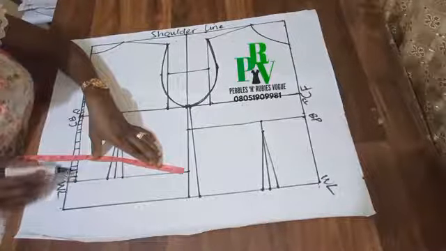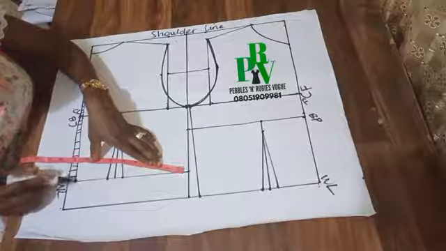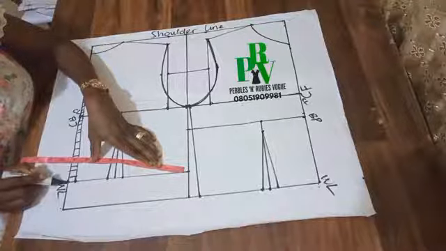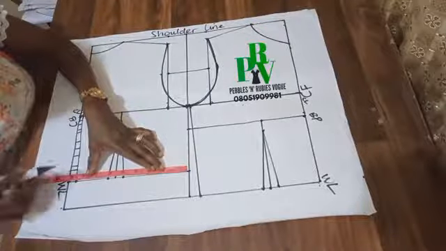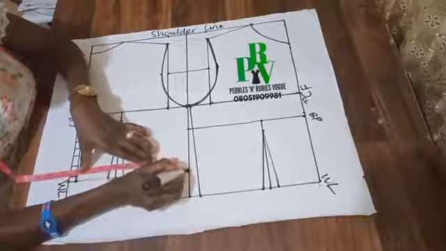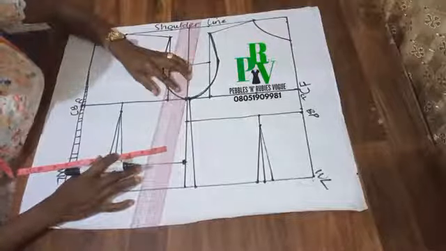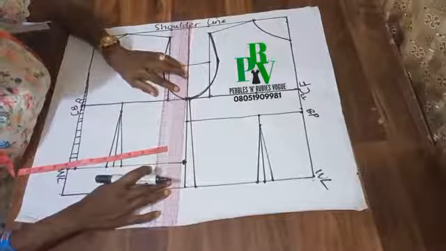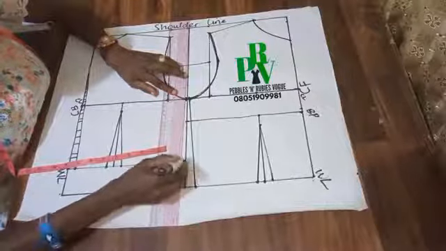Remember I said my measurements start from this 0.5 that we took in, so not from my center back line but from here. So this is my 8.5. Then I'll connect the 2 points as well, like so.